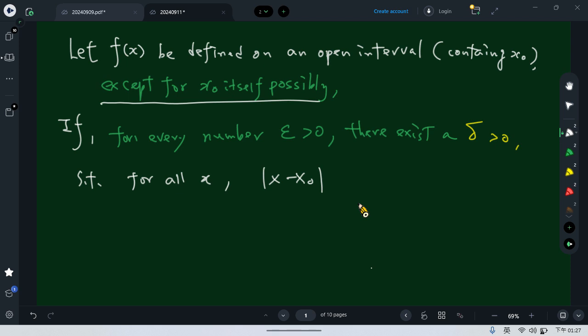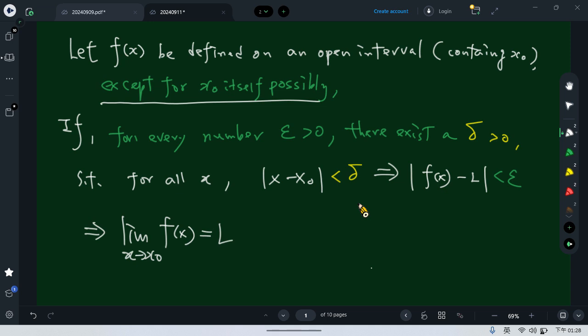So if the length is less than delta, then you always can get f(x). The distance between f(x) and L is less than epsilon. Then we will say the limit as x approaches x0 of f(x) is L.